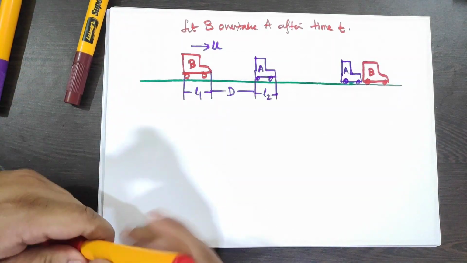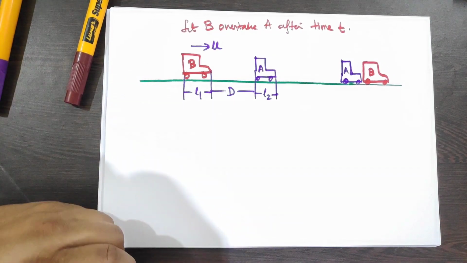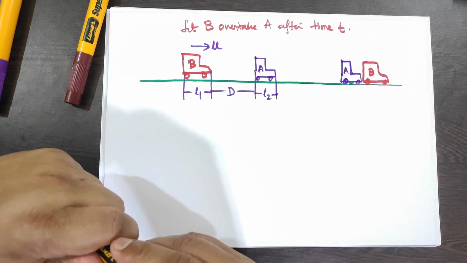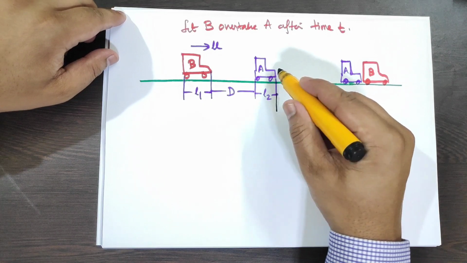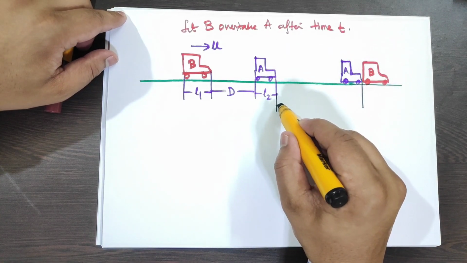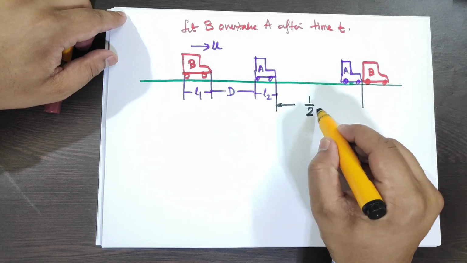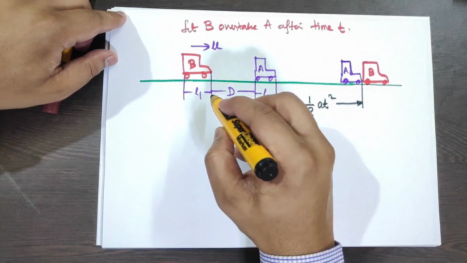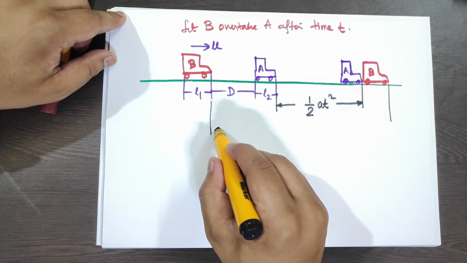So in time t, you have to see how much distance the cars have moved. Car A, this end, will move how much distance? It starts from rest, so ut plus half a t square with u as 0, it moves the distance half a t square, and car B moves the distance how much?